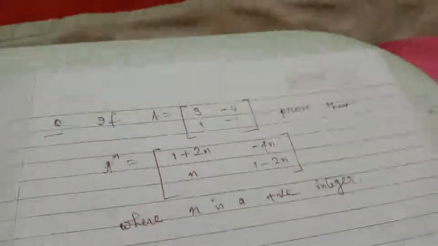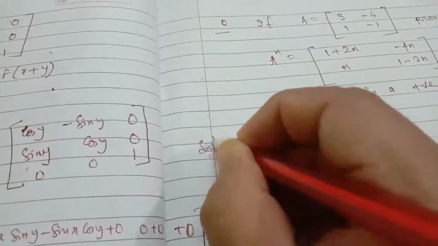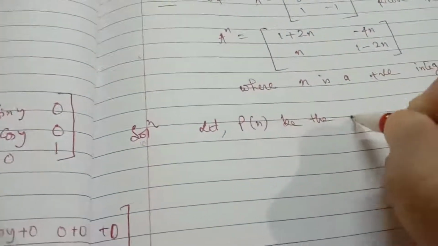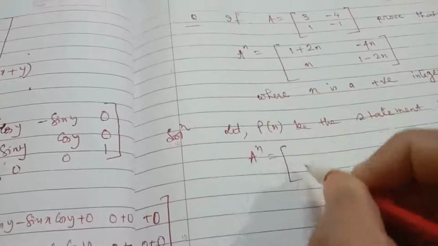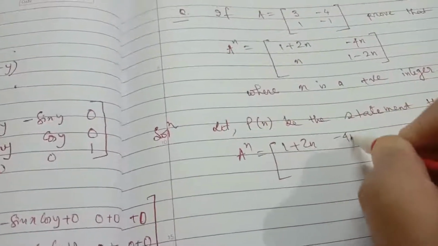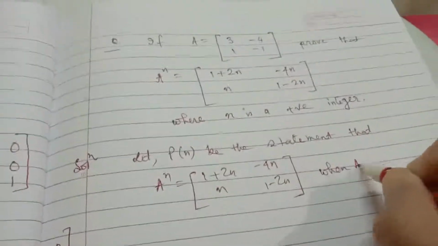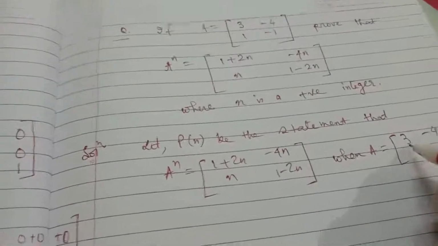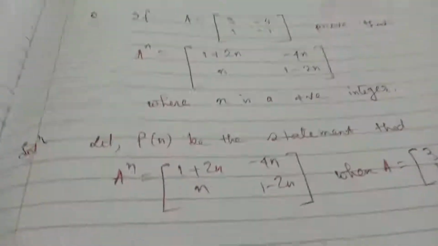So let us start as we have done in class 11. We have to write, let P(n) be the statement that A to the power n equal to this matrix, [1 plus 2n, minus 4n; n, 1 minus 2n], when A equal to [3, minus 4; 1, minus 1], like we have done in class 11.